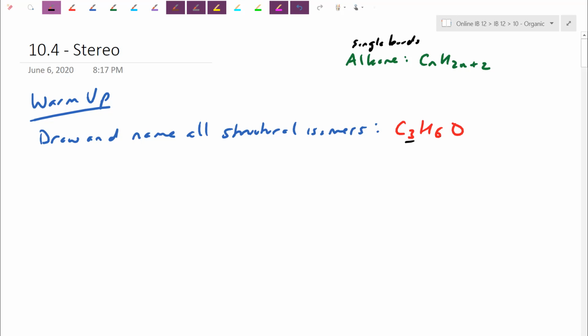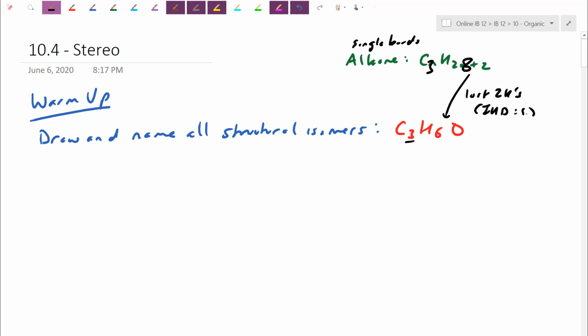You'll notice that I'm actually down by 2 hydrogens. It would have been C3H8 like this. This is 1 degree of hydrogen deficiency, or an index of hydrogen deficiency, more on that later on.